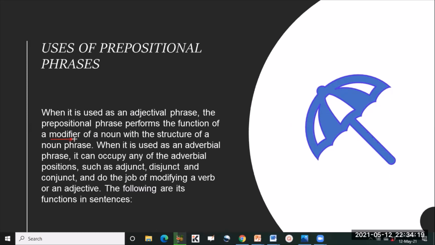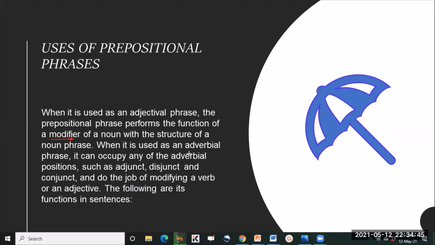So you take note of this. It is a modifier of a noun with the structure of a noun phrase. When it is used as an adjective phrase, you find it embedded within a noun phrase.